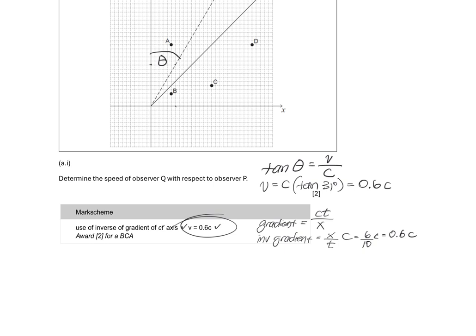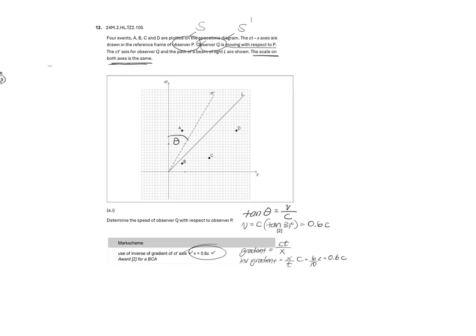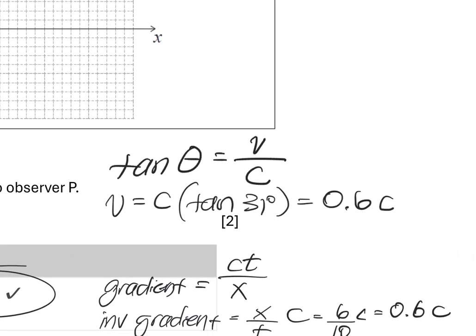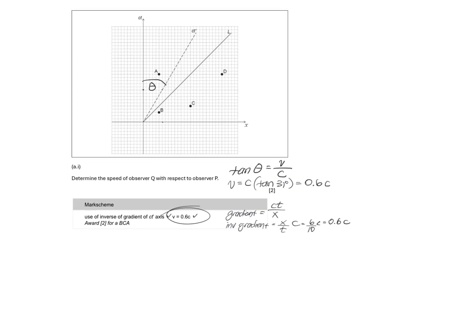You do get 0.6 c. I don't think that solution is as intuitive as just using the equation on the data booklet, tan theta is v over c. I don't know why they didn't use that. It's right off the data booklet. Anyway, they will give credit for this. That is the way you should solve it, and you do get 0.6 c.